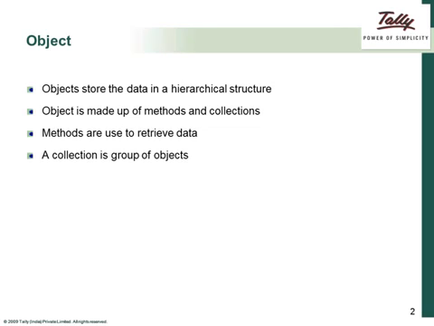Objects. Primary objects store data in a hierarchical structure. A primary object is made up of methods and collections, or rather I could say sub-collections. Methods are used to retrieve the data. A collection is a group of similar objects together. My bill allocations, all bill objects are of the same kind?